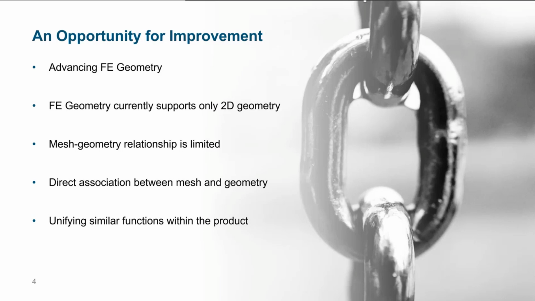We understand that this limitation constrained the user experience and not only that, it only applied to FE geometry. So we had a very different relationship between what was happening in CAD geometries and what was happening in FE geoms. What we're trying to do now, and what we have done, is unify the same feel between mesh geom and FE geometry.